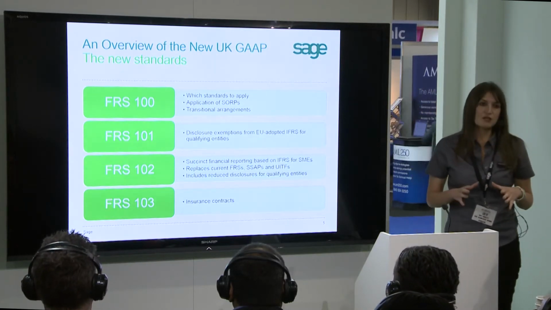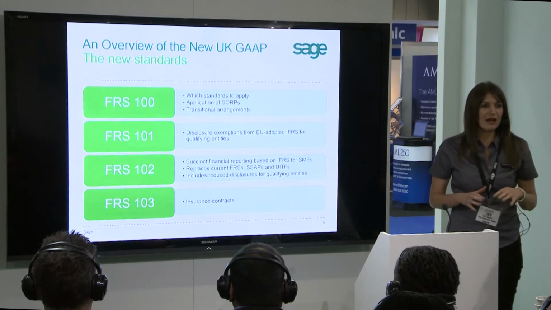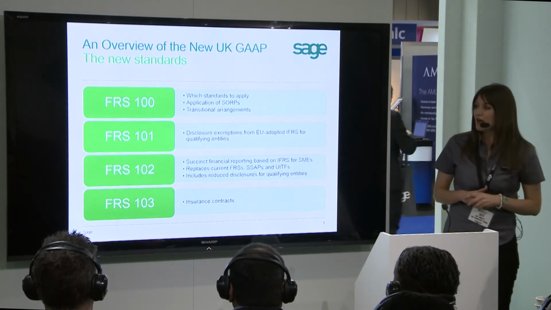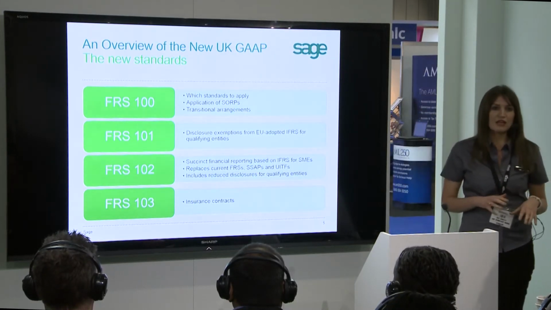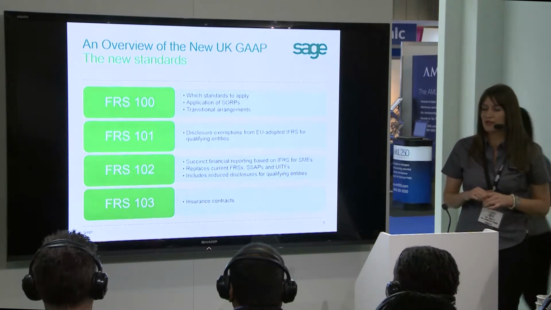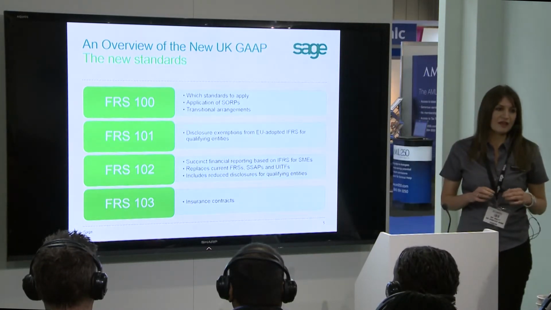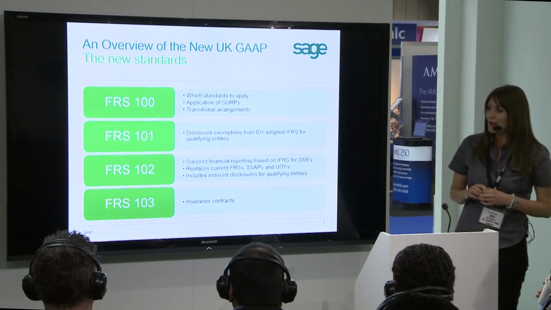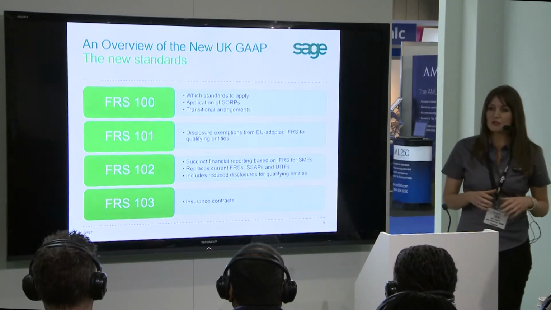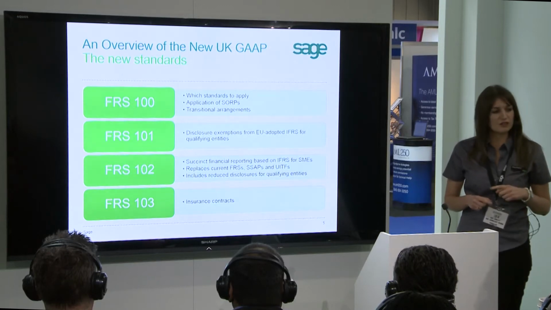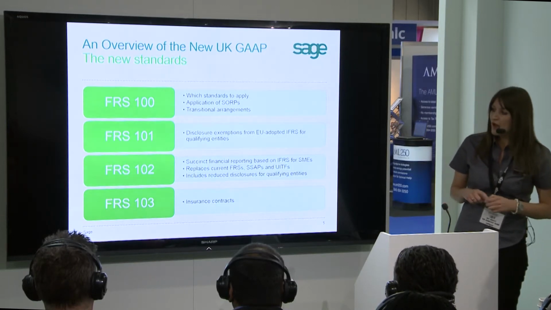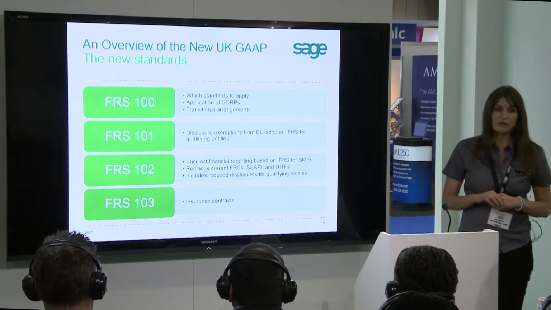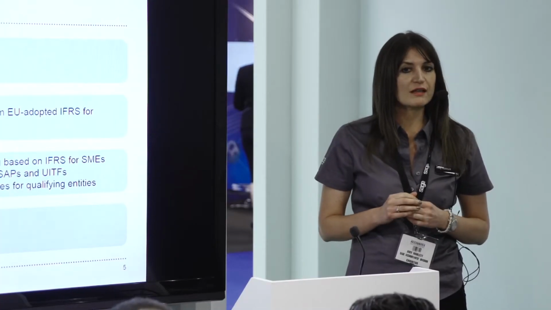So FRS 102 was broadly based on IFRS for SMEs. They had to make some changes to account for UK company law, and then they allowed a few additional accounting policy choices. And like I said, it does include some reduced disclosures, and I'll mention those a bit later on. And then there's FRS 103, which is around insurance contracts.